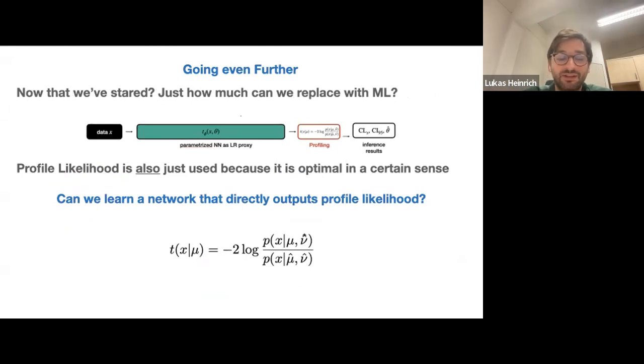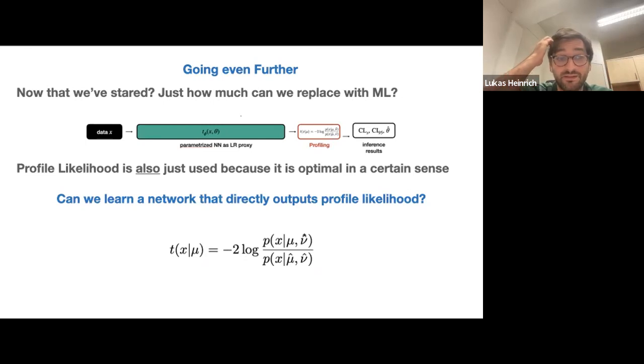In this model, where we replace the likelihood or density modeling aspect directly with a likelihood-free estimation of the likelihood ratio, the only remnant of the classic statistics pipeline is the profiling step, where you optimize the likelihood ratio with respect to specific parameters. Then you can ask yourself, can you replace this as well?